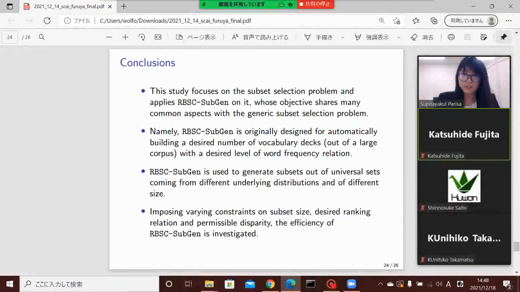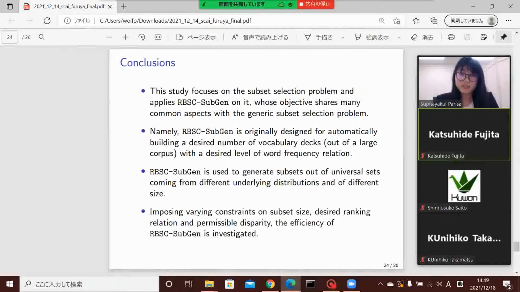So this study focused on a subset selection problem and applied RBSC subject on it, whose objectives share many common aspects with the generic subset selection problem. Namely, RBSC subject is originally designed for automatically building a desired number of vocabulary texts out of a large corpus with a desired level of word frequency relation.